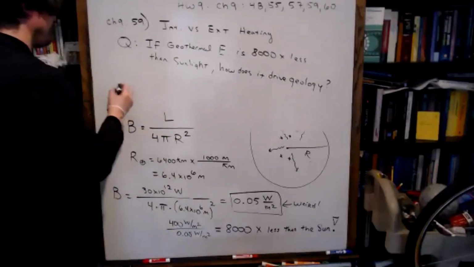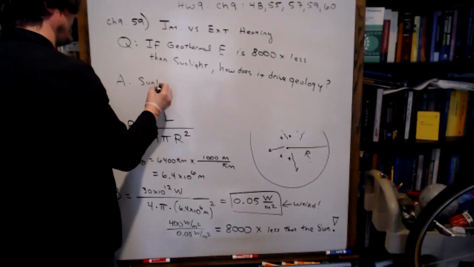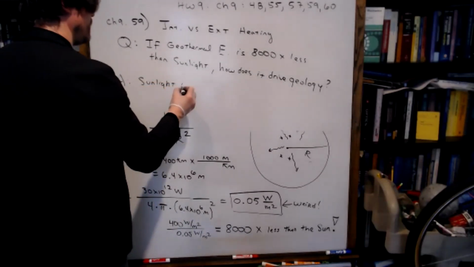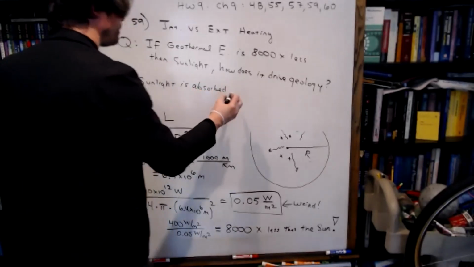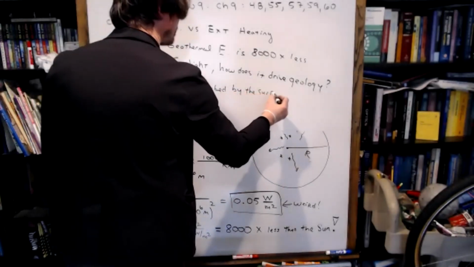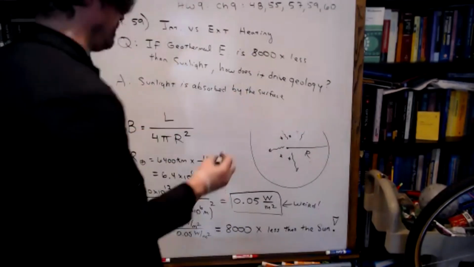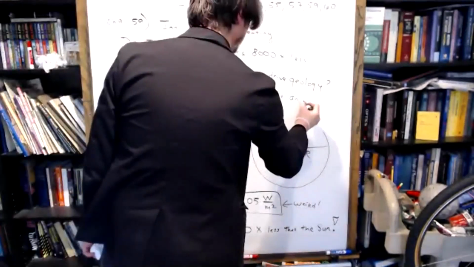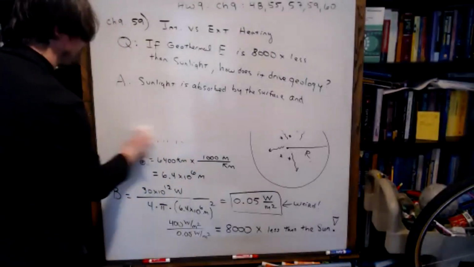This is about the direction of energy flow. Answer. Sunlight is absorbed by the surface, maybe like the top half a meter, and re-radiated back into space.